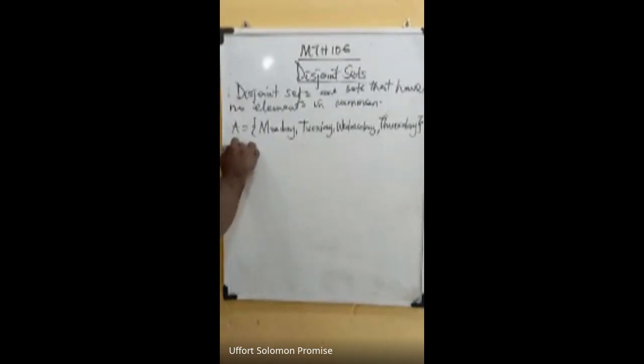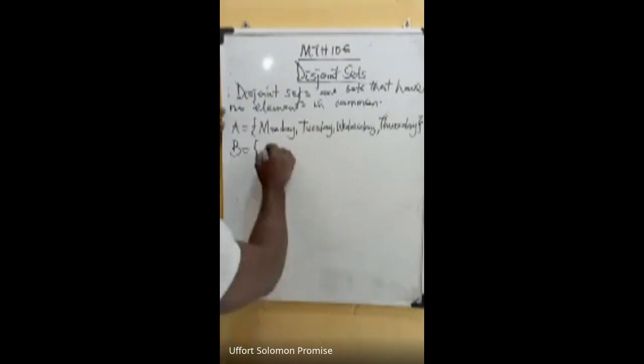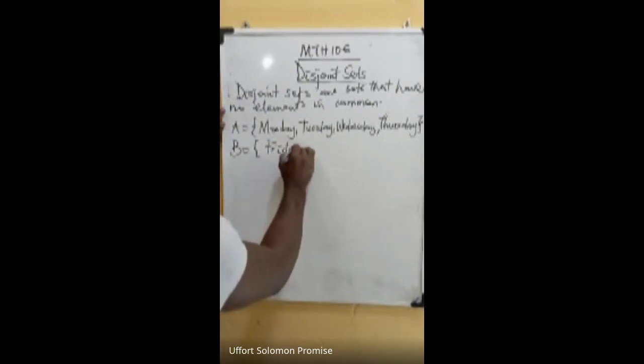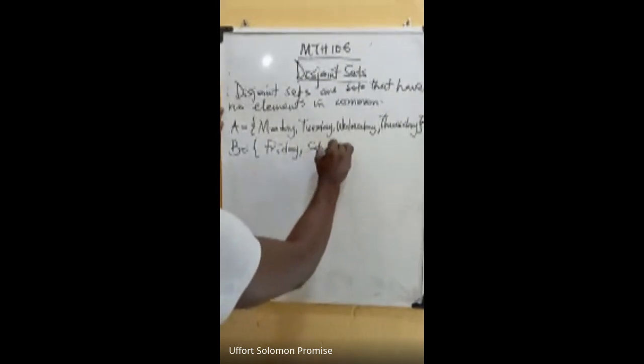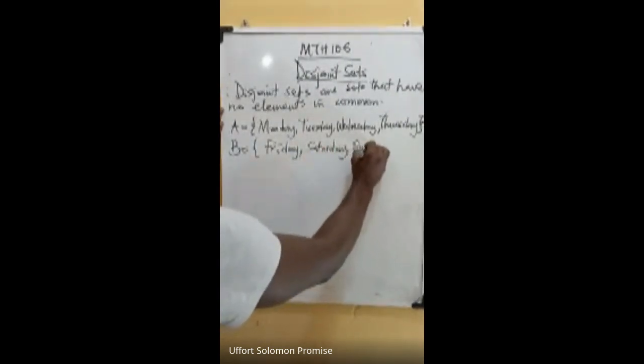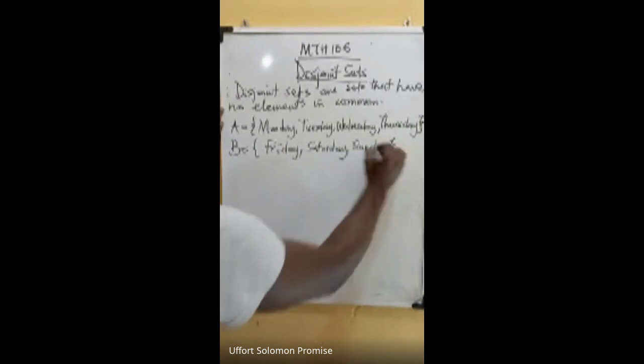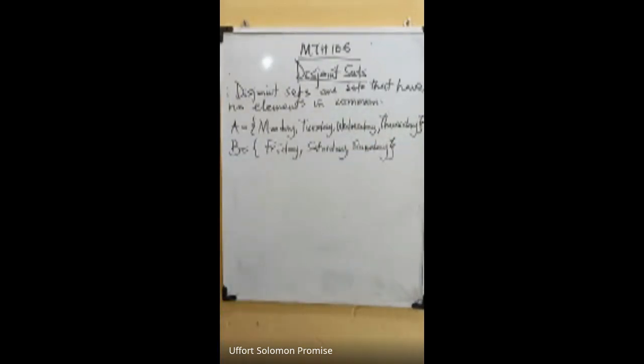And set B has the other days of the week, like Friday, Saturday, and Sunday, just like today. So this is how you look at the two sets, they are disjoint. Why? Because they don't have any element in common. We have here Monday, Tuesday, Wednesday, Thursday. We have Friday, Saturday, Sunday. So they don't have any common, like a sort of repetition.